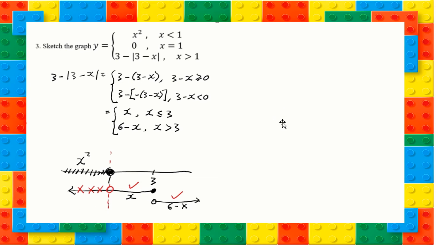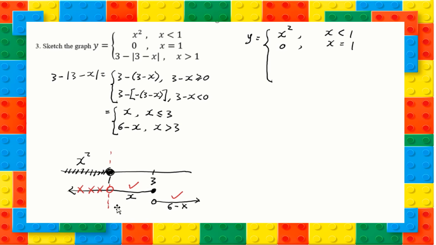So when we rewrite the piecewise function, the region which is unchanged, that is x less than 1, it is occupied by x power 2. When x is equal to 1, it is equal to 0. Now for x which is greater than 1, we need to separate into 2 separate intervals of x.